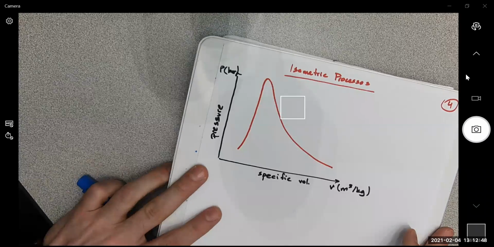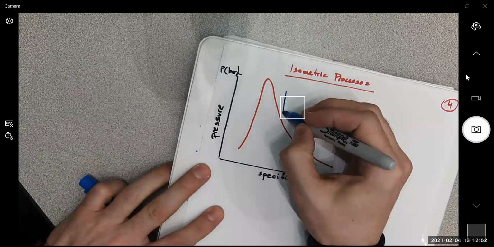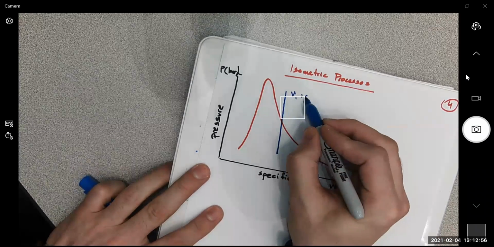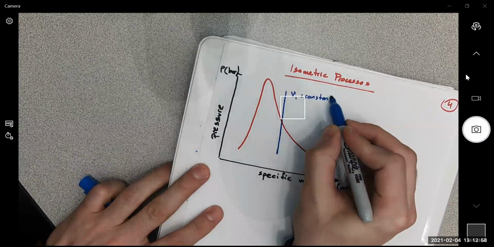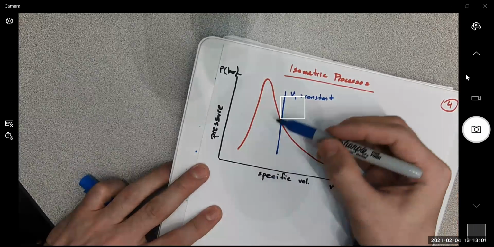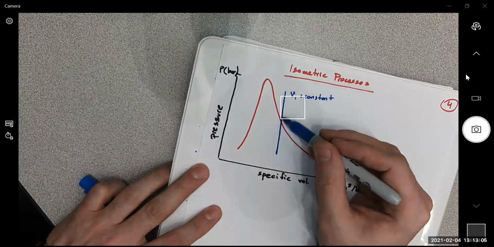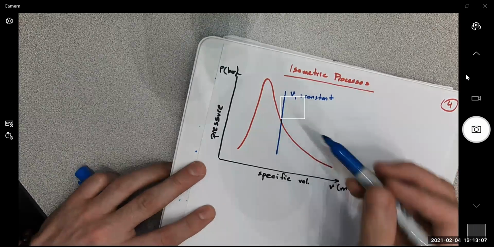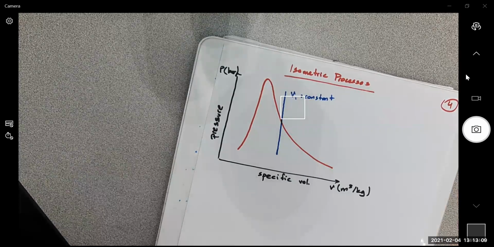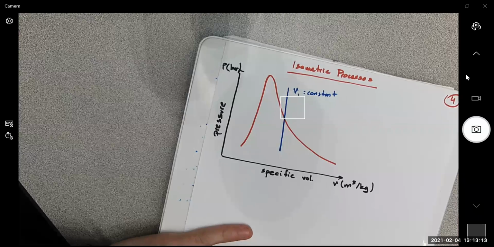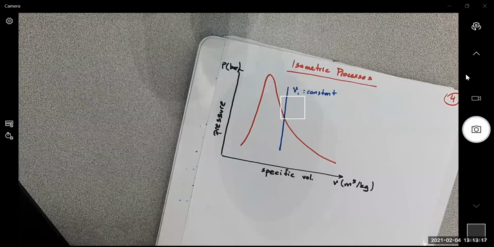The constant volume for the first experiment, V1, constant, could be either way, an arrow pointing upwards or downwards. We'll talk about that later.